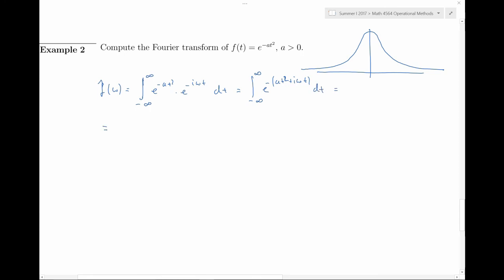I want to simplify the expression by using completion of square. I'm going to move minus a outside, and what's inside is simply t squared plus i omega over a times t, plus I have to include i omega over 2a squared and subtract i omega over 2a squared to balance out the equation.